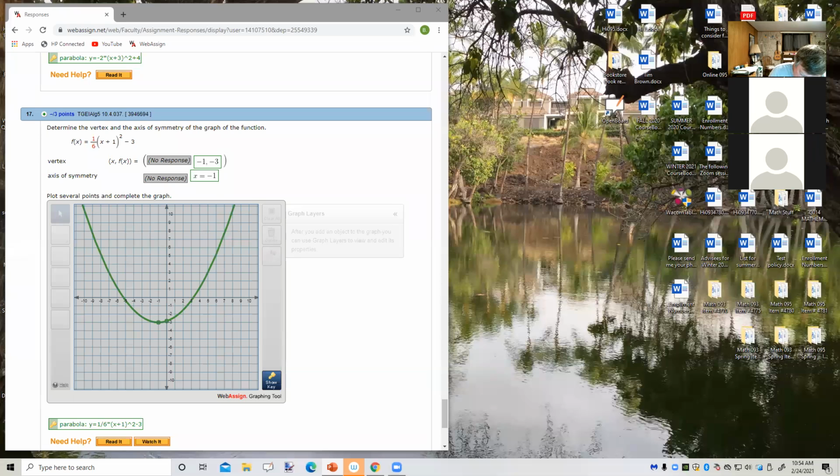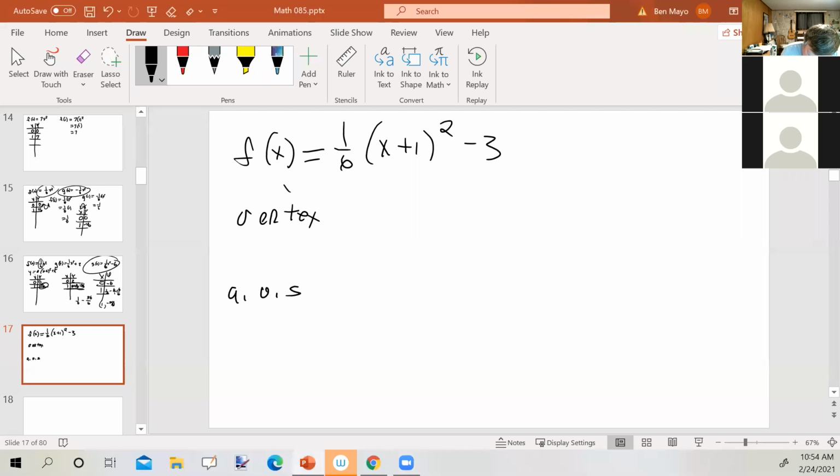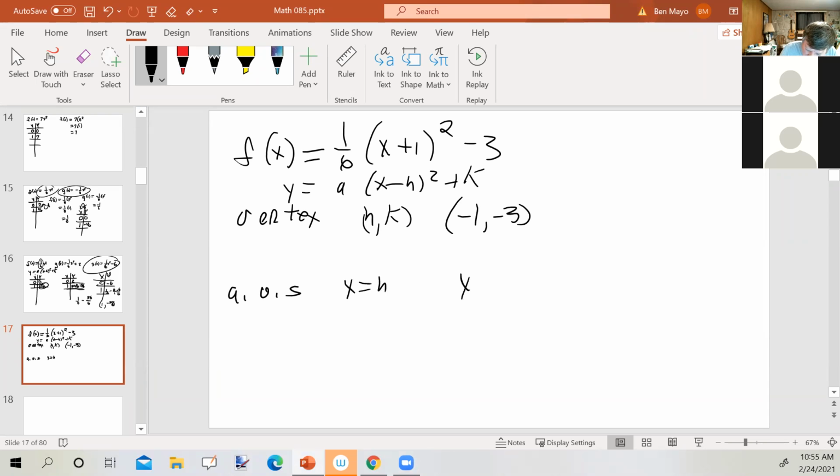We want the vertex and the axis of symmetry. Now, if we think of the form y equals a times x minus h squared plus k, the vertex is at h, k, so that would be -1, -3. The axis of symmetry is at x equals h, so that would be x equals -1.